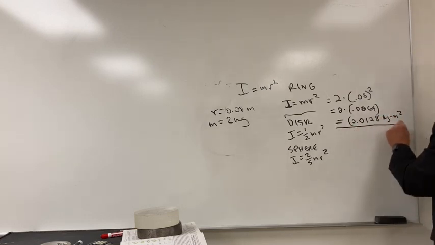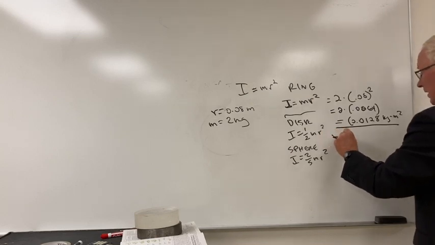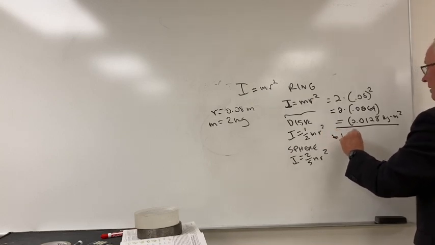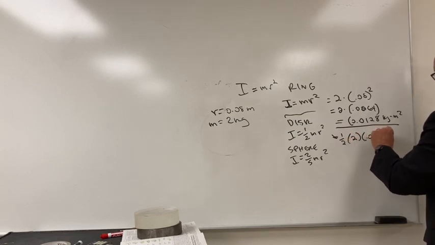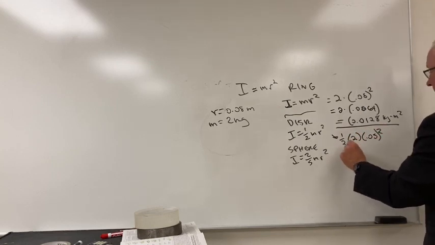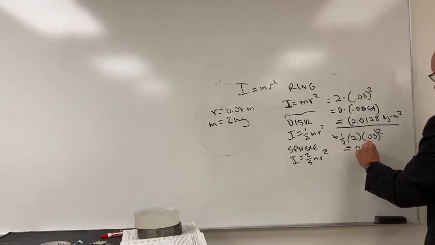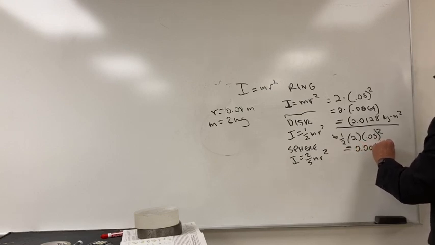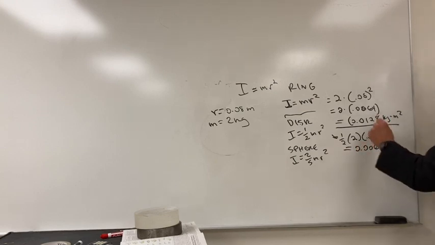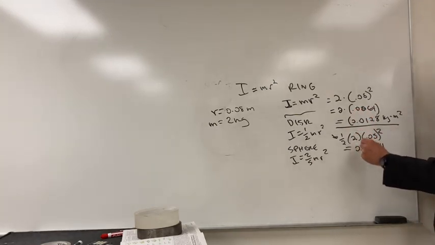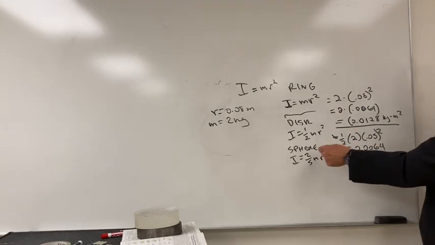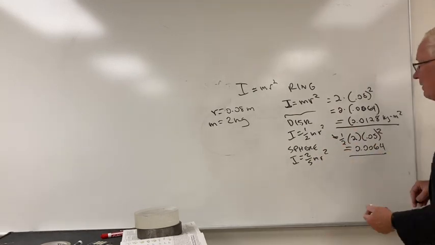And for the disc, it'd be 1/2 times 2 times 0.08 squared, and that would be 0.0064. So it's 1/2. Even though they both have the same mass, 2 kilograms, this would be 1/2. And the sphere is 2/5.